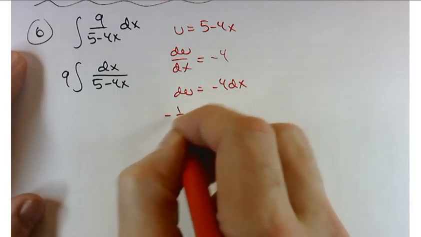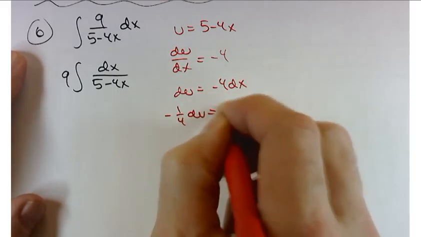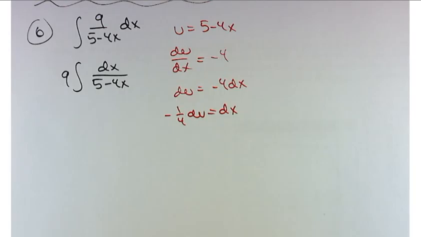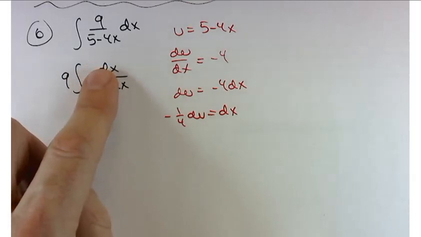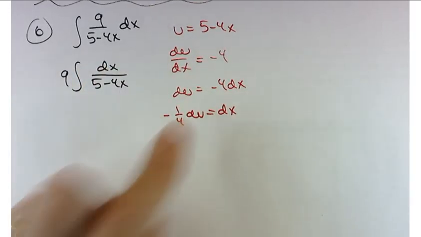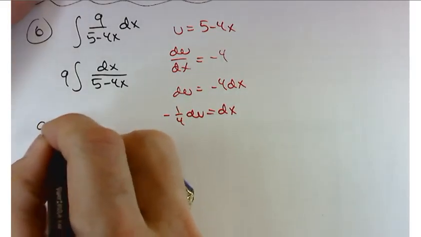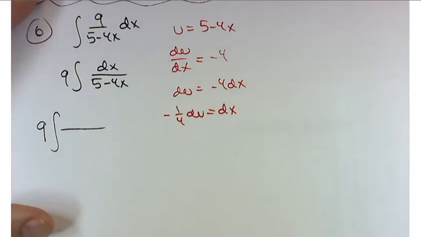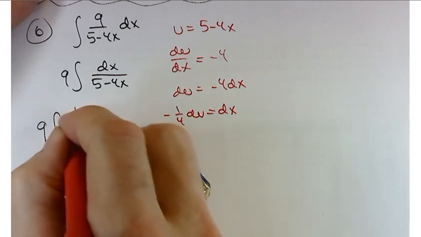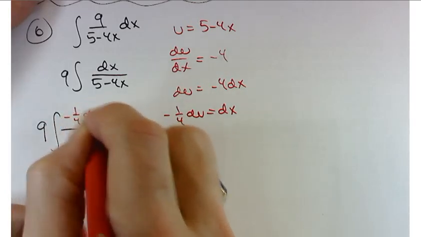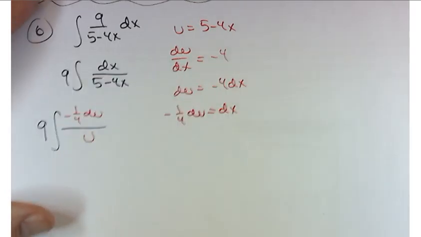So negative 1/4 du equals dx. Yay. So we got a nice trade-off right here. We've got dx, and dx equals negative 1/4 du. So this becomes 9 times the integral of negative 1/4 du over u.